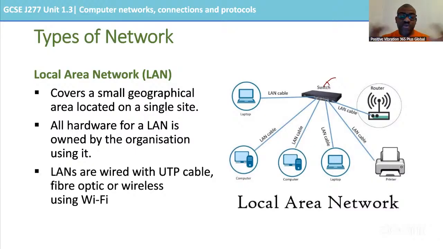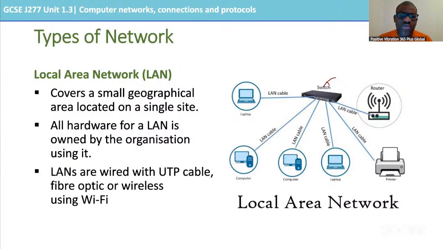One way to know that you are actually talking about a local area network is that all of the hardware is owned by the organization or by the person. In the case of your home, all of the devices are owned by you or your family. In the case of a school, all of the devices, from the file server to the computers that are connected together, are owned by the organization.